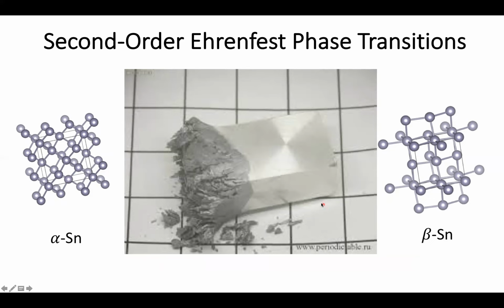And so what you end up seeing is you have your nice shiny beta tin. So beta tin is what we often think about when we're thinking about tin. Alpha tin turns out to actually be non-metallic in nature.